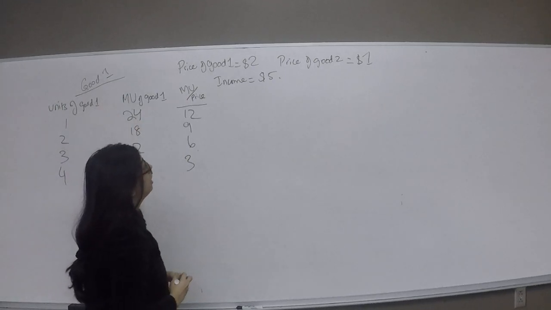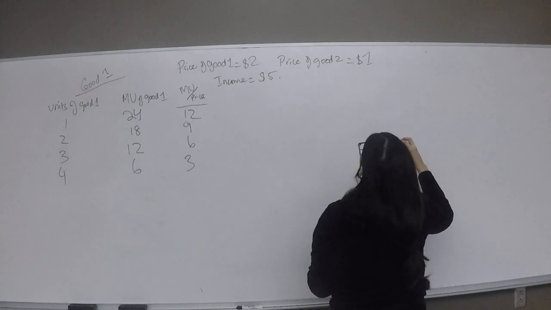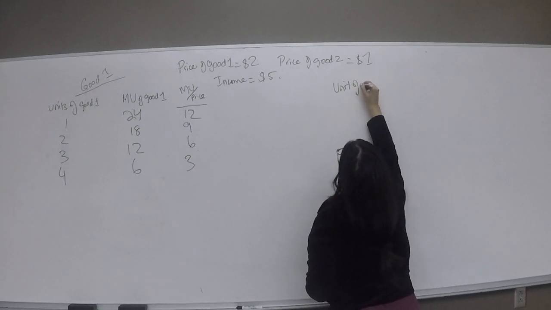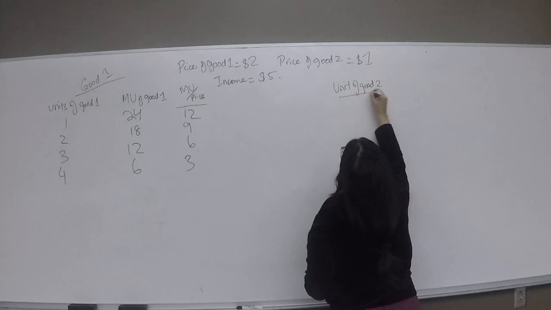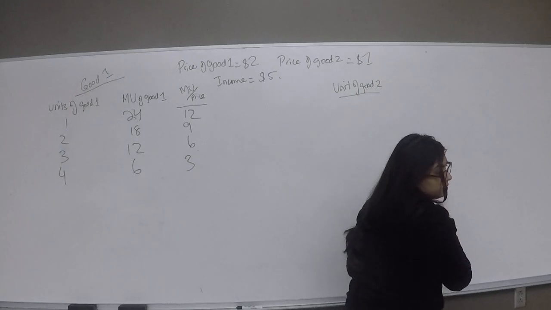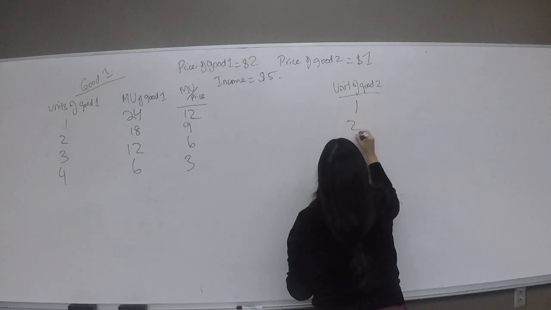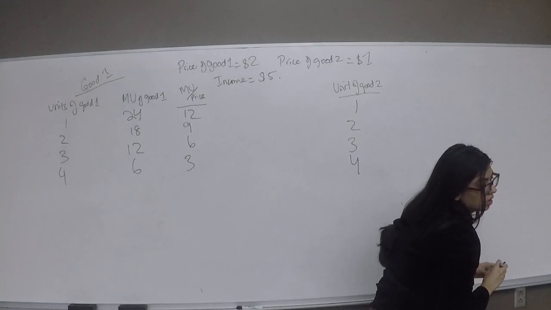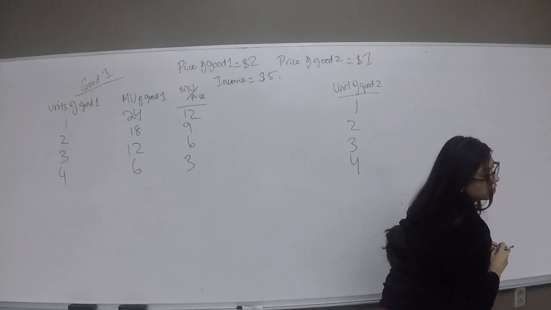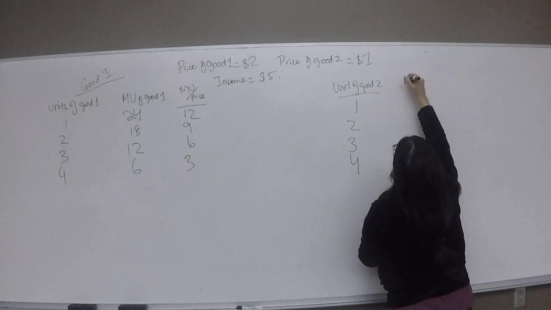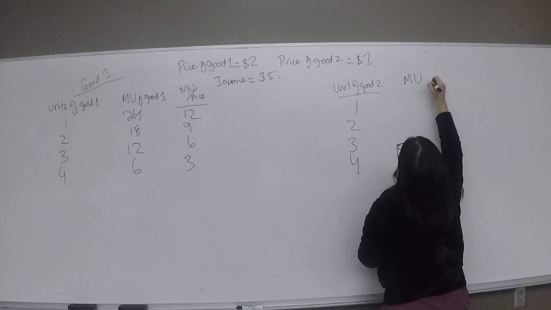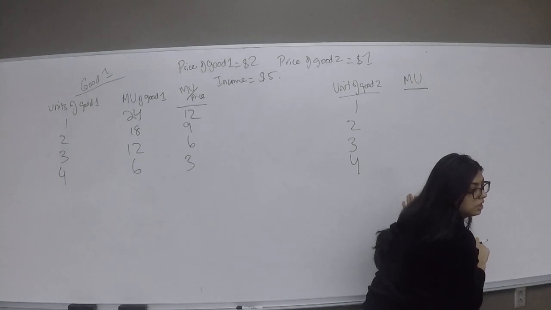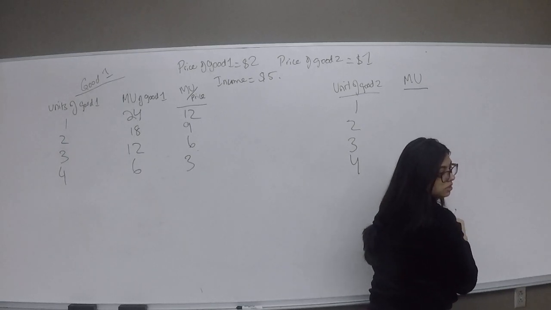Now for good 2, units 1, 2, 3, 4. Marginal utility of good 2: 9, 8, 5, 1.